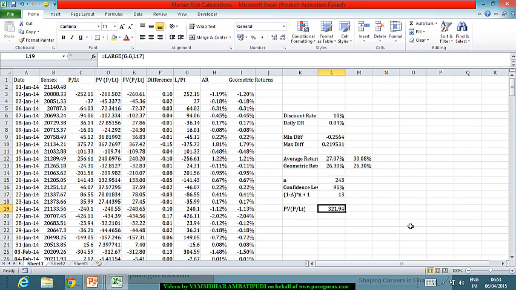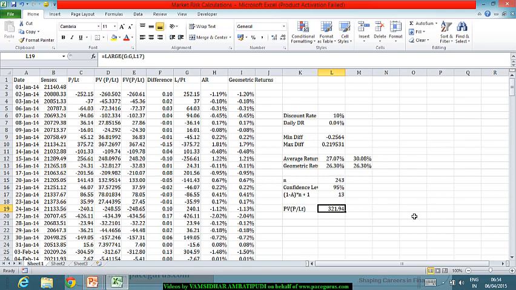So I can say with 95% confidence that my loss will not be more than 321.94. That's the meaning we are bringing out through this value at risk.